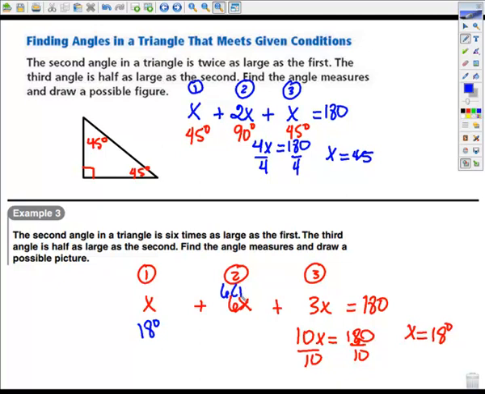Angle 2 is 6 times 18, and that's 108 degrees. Angle 3 is 3 times x, so 3 times 18 is 54 degrees.